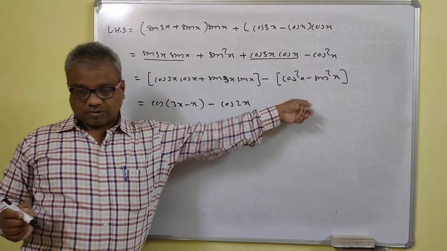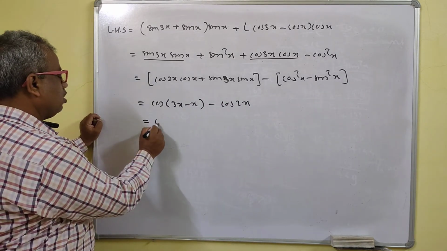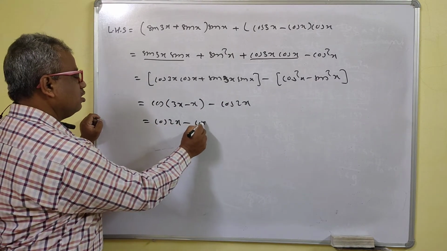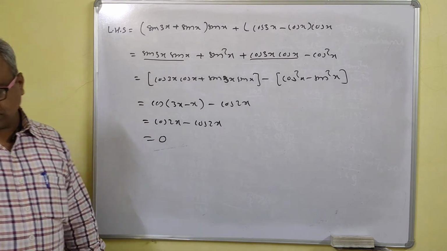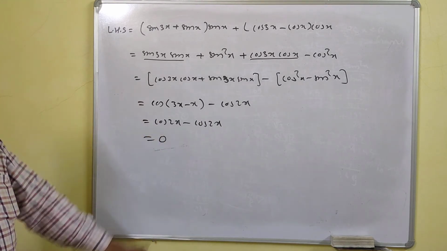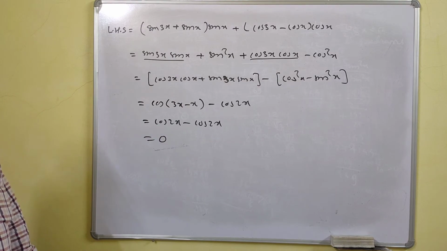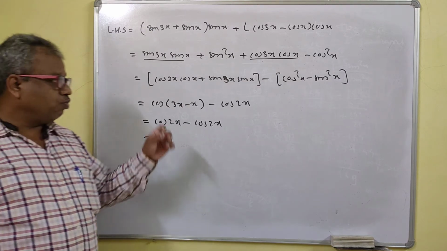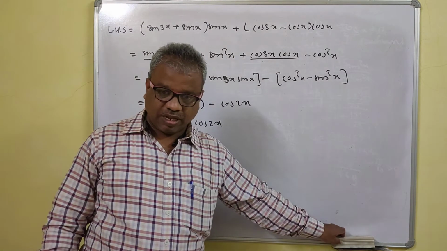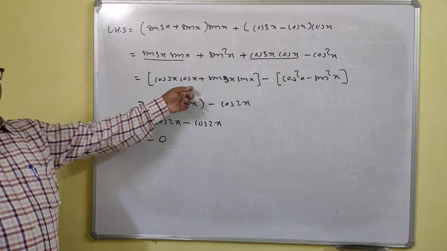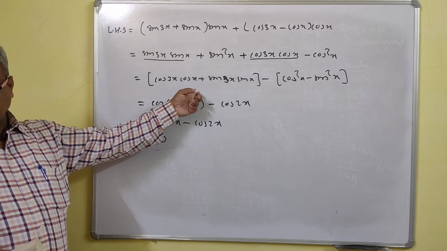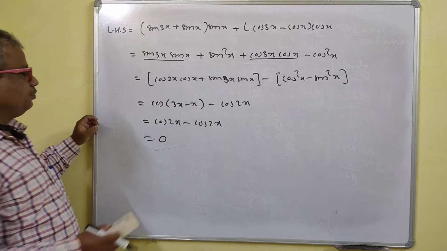This is also the formula for cos twice x. Now this is cos twice x minus cos twice x, so this is 0. Easily we get this. So we have to apply the formula both ways, right to left and left to right also.